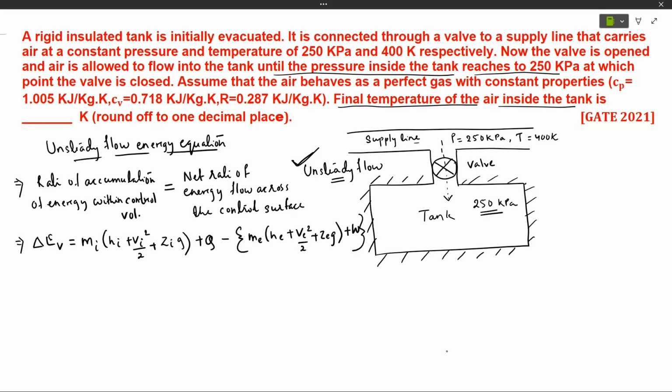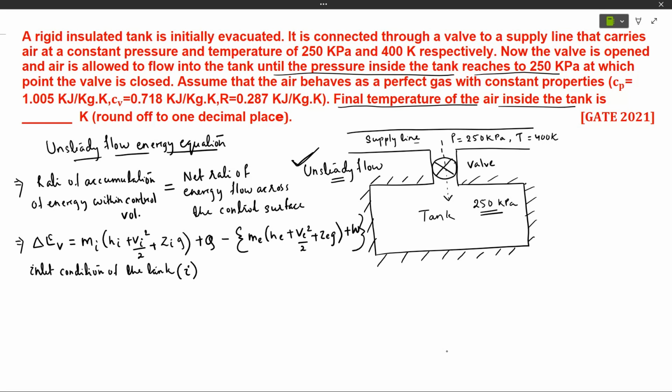To understand the unsteady flow energy equation, we have to consider the inlet condition of the tank, and the inlet condition is denoted with subscript I. This inlet condition represents what amount of mass or what amount of energy is flowing into the tank.